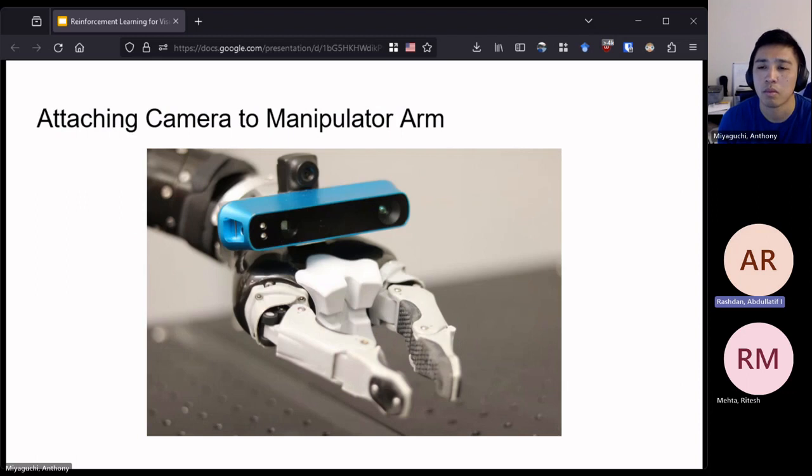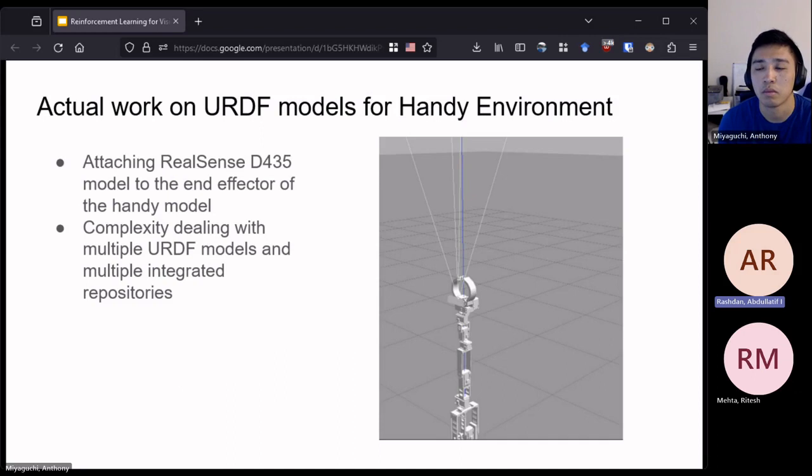Furthermore, what we're trying to achieve here is to move the camera and attach it to the end effector, or the gripper. It will look similar to what you're seeing here in the image. If you go to the next slide, you will see the actual work done on the URDF models for the handy environment, where the camera is attached to the gripper.